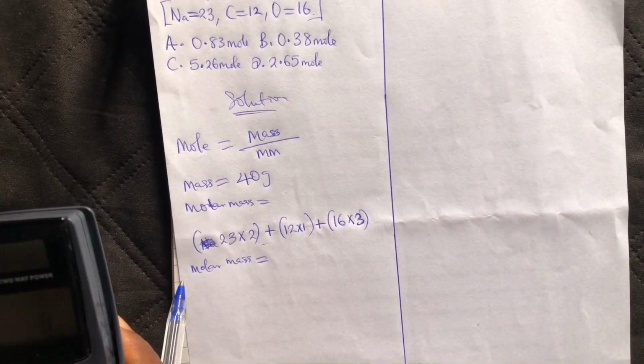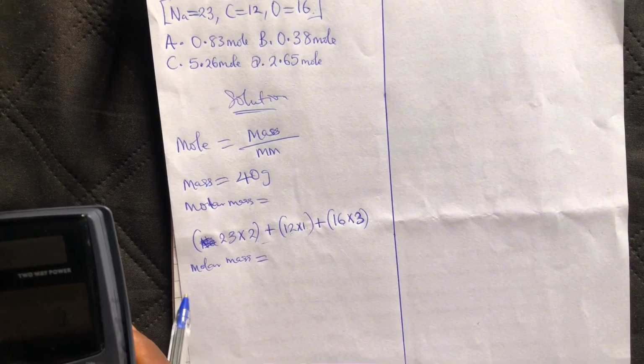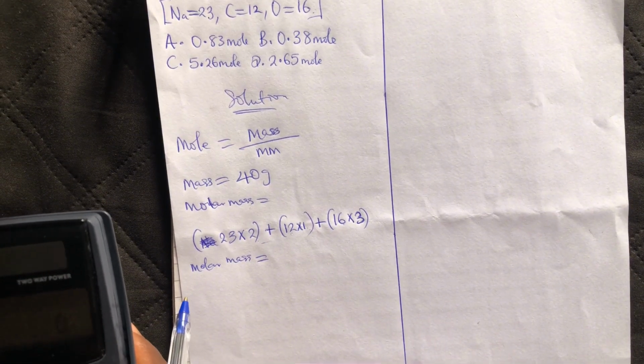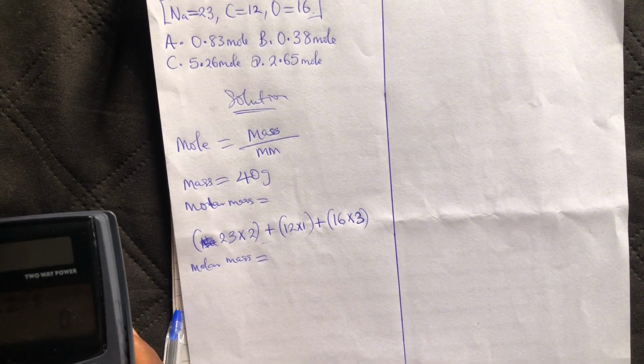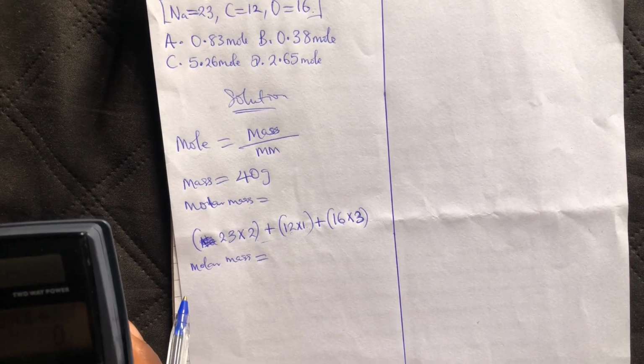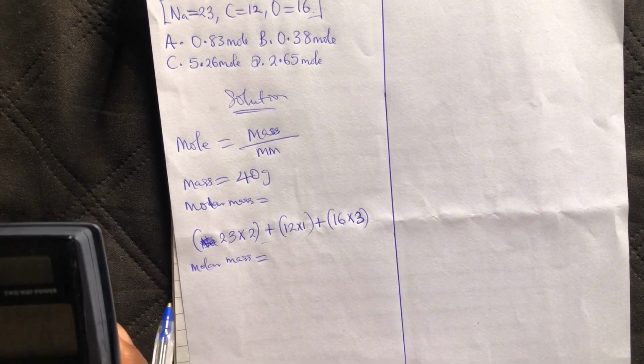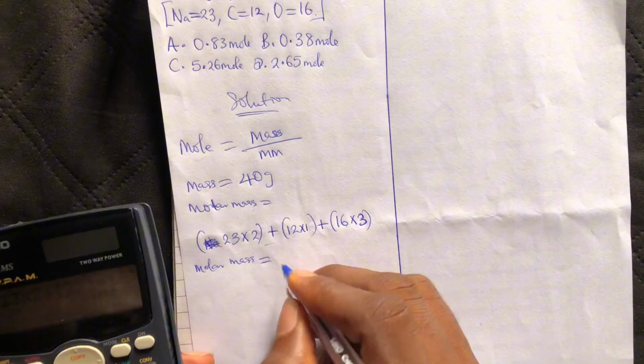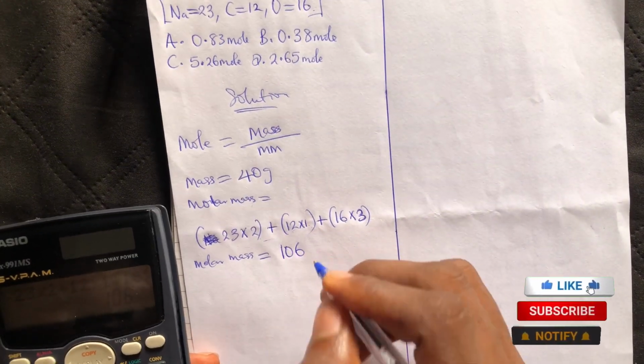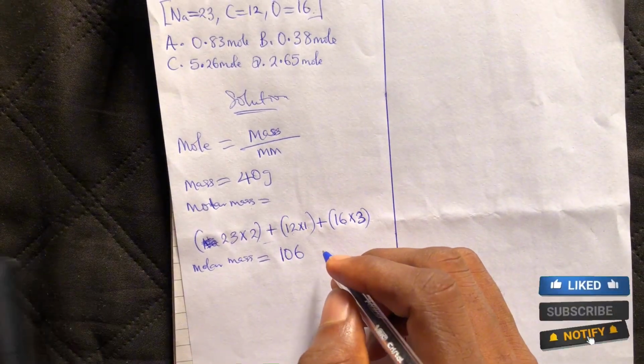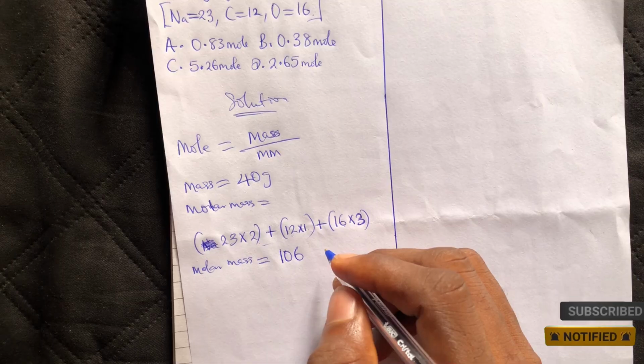So we have 23 times 2 plus 12 times 1 plus 16 times 3, that will give us 106. All right, that will give us 106.